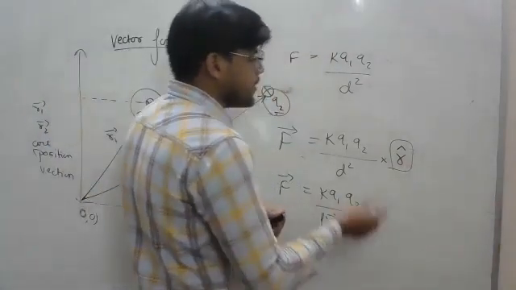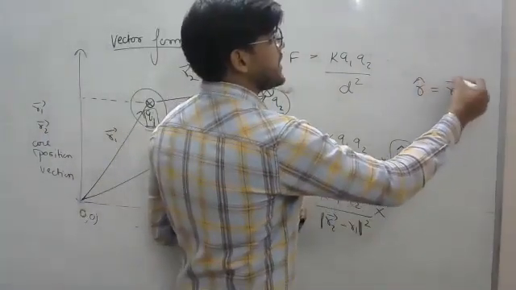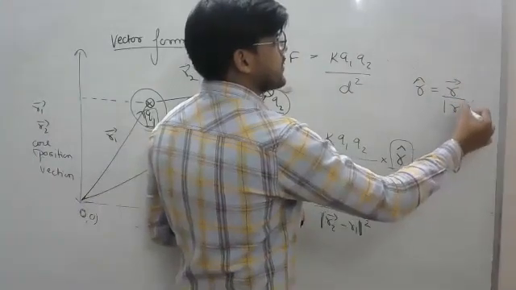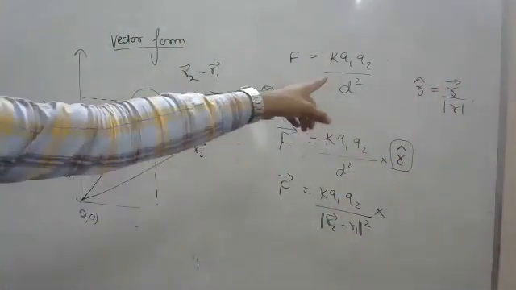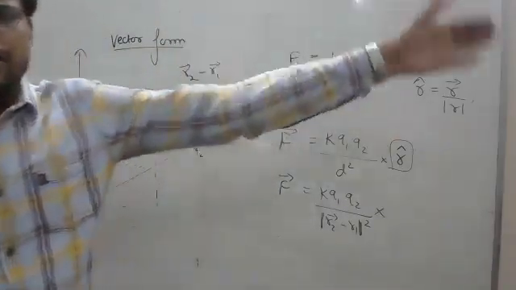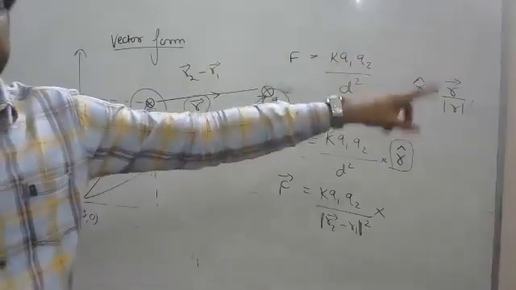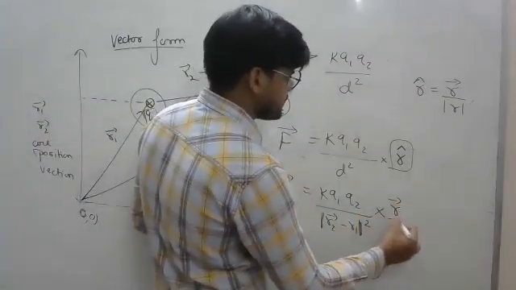Into R cap. Now what is R cap? R cap, or any cap, can always be written as R vector upon magnitude of R. Whenever you have this kind of sign, R cap, it means R in vector form divided by its magnitude. So here also we can write the same concept.